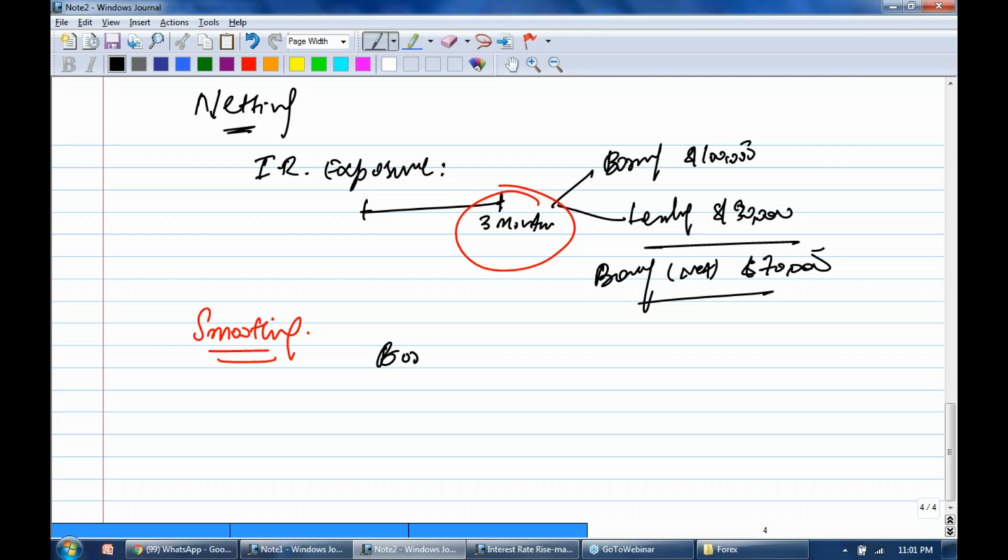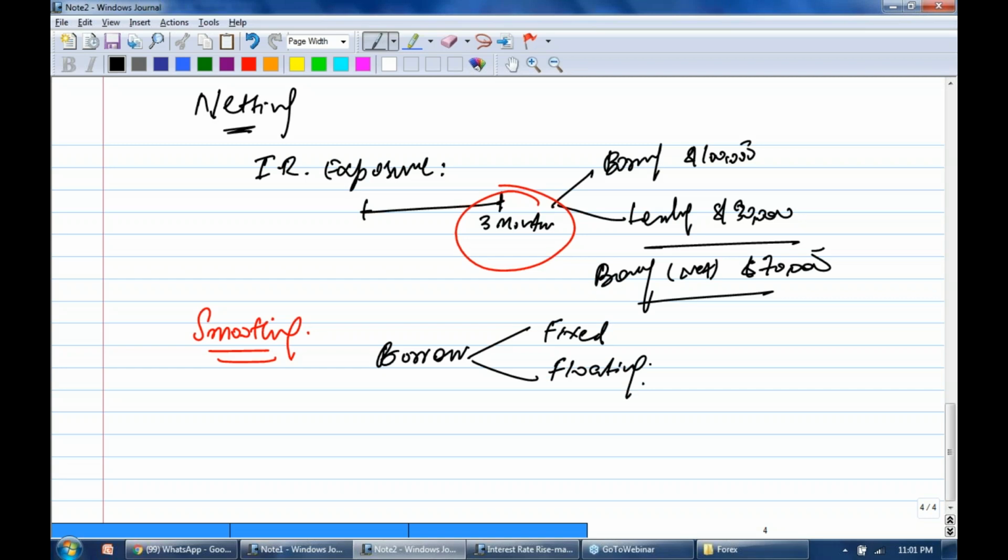You can borrow at fixed and floating. You can borrow the money at a fixed rate or floating rate.